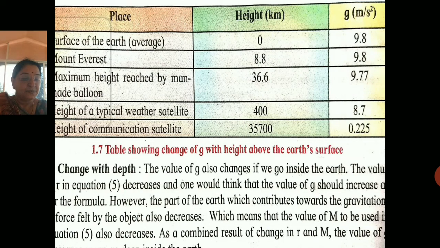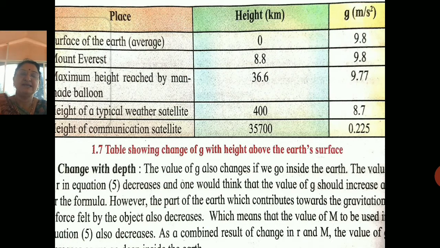And so, by considering both the effects, that the radius decreases and the mass decreases, the value of g decreases as we go inside the earth, and at the center of earth the value of r is equal to 0.